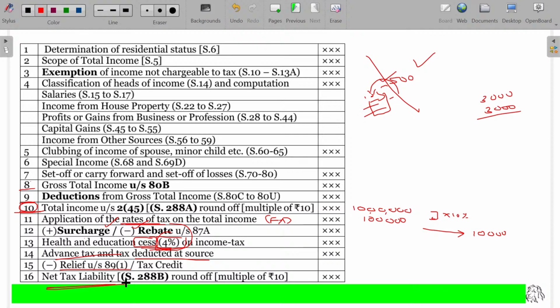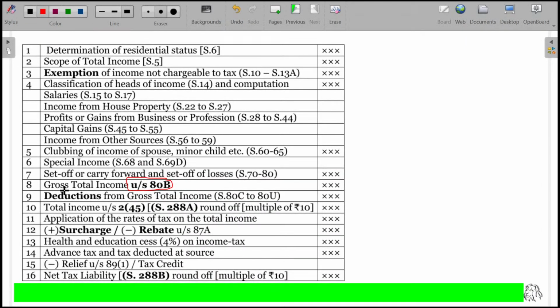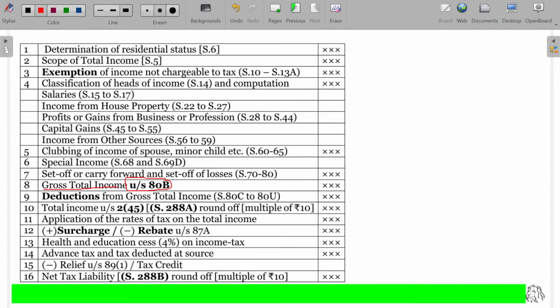Is that clear? Now, understand that Section 80B is defining gross total income. Section 2 clause 45 defines total income.